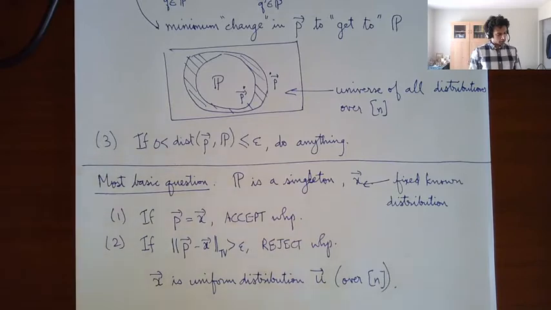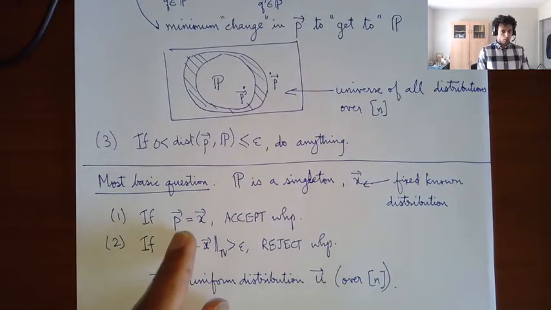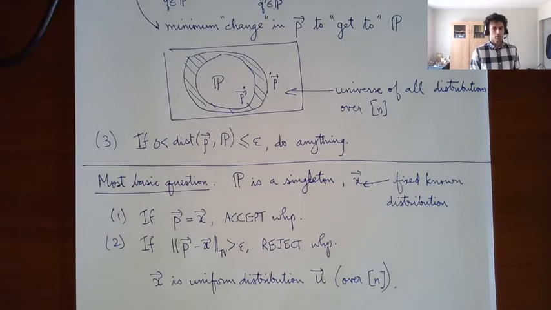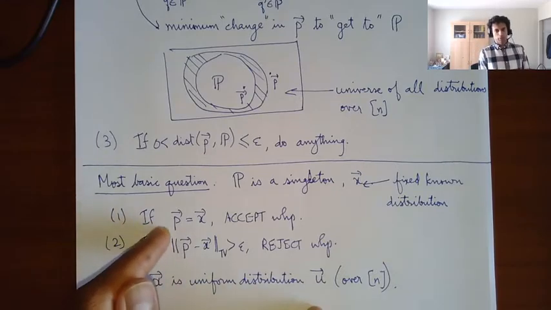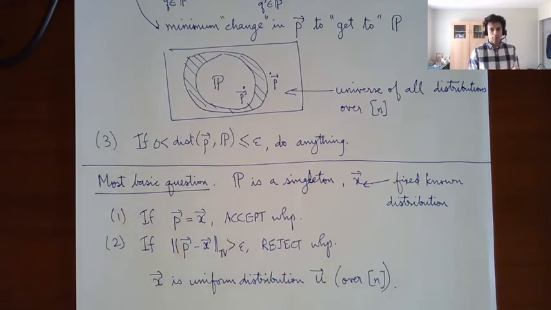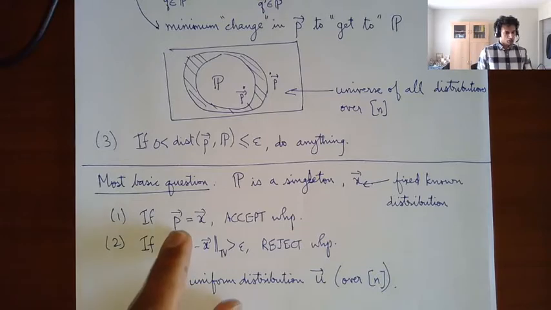There is a fixed known distribution. You could think of this as statistical hypothesis testing. You have a hypothesis on what you think the world looks like. You are getting samples from the world, and you need to check, is your hypothesis correct? And we give some slack because obviously there's going to be some statistical error in determining such a statement exactly.